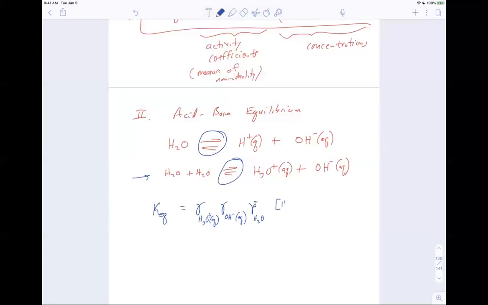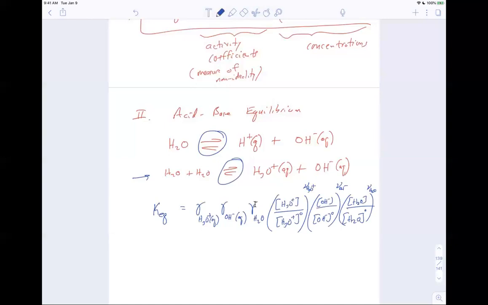The concentration of H3O plus over the concentration of H3O plus in some reference state, raised to the nu H3O plus. Then we have OH minus over OH minus in some reference state, raised to the nu OH minus. And then finally, we have the concentration of H2O over the concentration of H2O in some reference, raised to the nu H2O. So that's our equilibrium constant here.